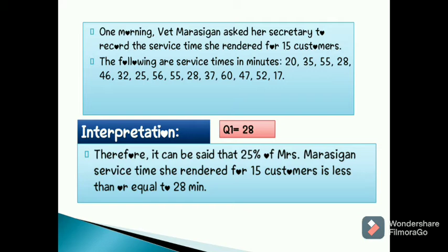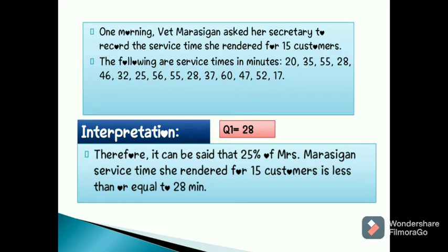So always remember the equivalent of our positions. Quartile 1 is equivalent to 25% because we are going to use that in our interpretation. For example, if we are looking for quartile 3, since quartile 3 is equivalent to 75%, we are going to interpret it as 75%.